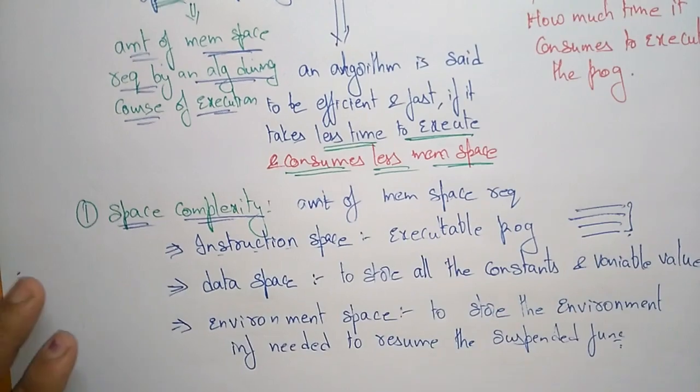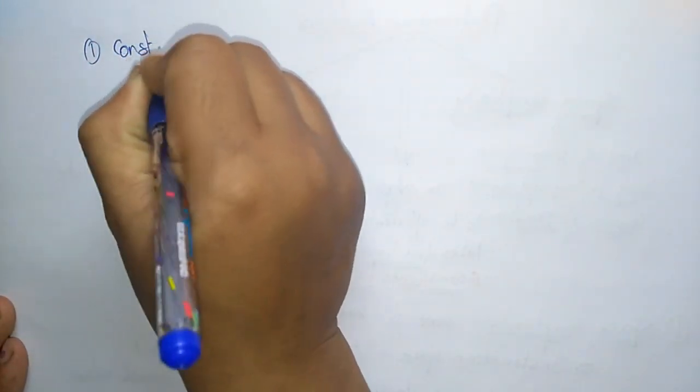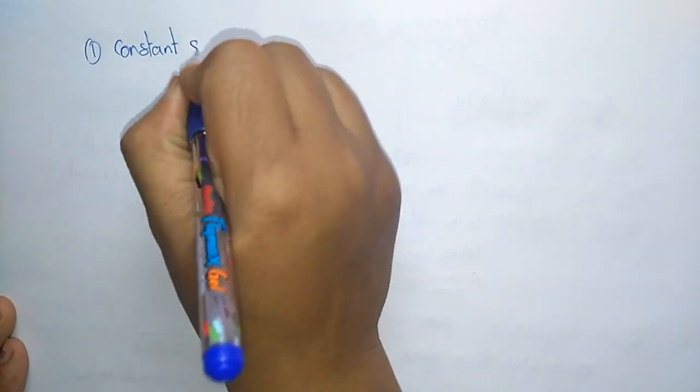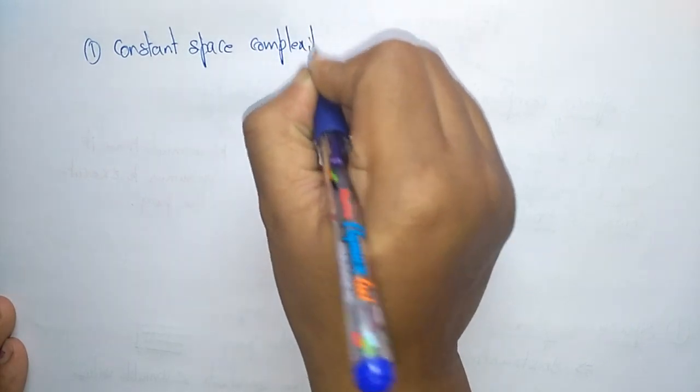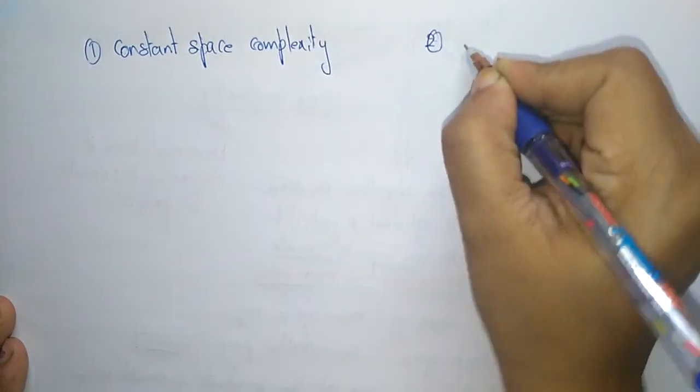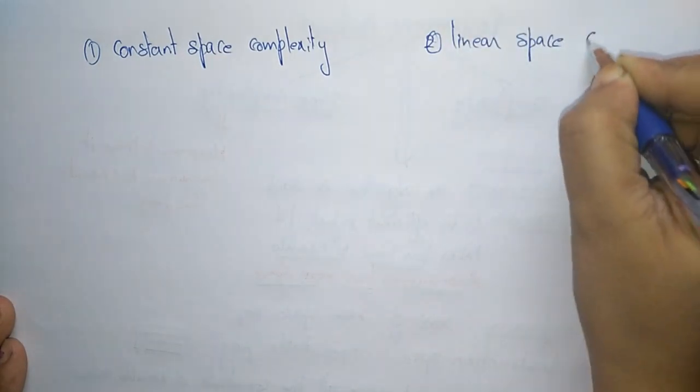Now let us see, there are two different types of space complexity. The space complexity can be calculated in two ways, based on the program. The program may be a constant program or it may be a linear program. The first one is the constant space complexity, and the next one is the linear space complexity.